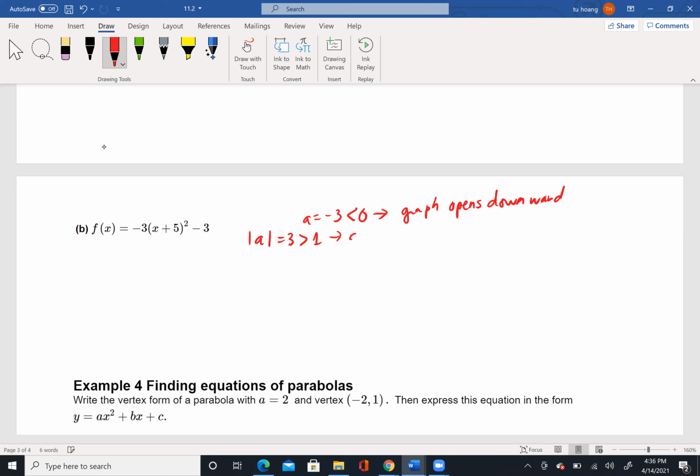So then the graph is narrower than y equal to x squared. What else? And then the vertex: h is here, k is here, right?